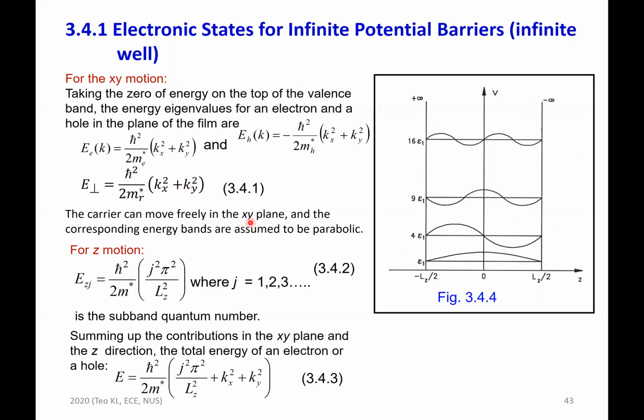So the carrier is free to move in the xy plane, and the corresponding energy band is parabolic because it goes like a polynomial of degree 2. For the z motion, which is the quantized direction, the energy is h bar squared j squared pi squared over m l squared, where j is your integer, or sometimes we call that the quantum number. To sum up the contribution in the xy plane and the z direction, the total energy of the electron and hole can be expressed in this form.